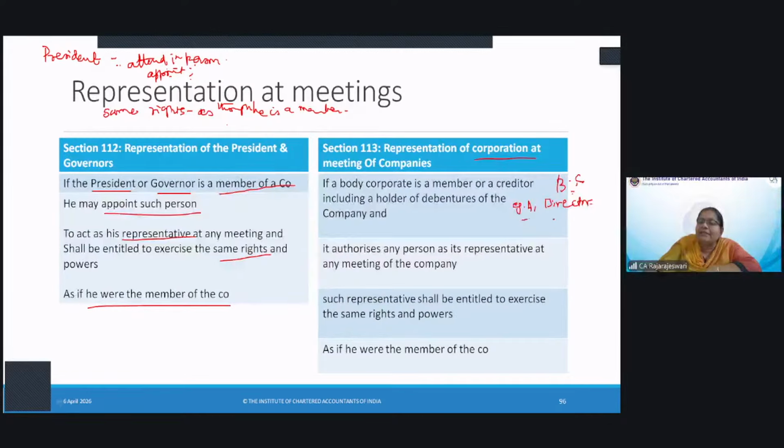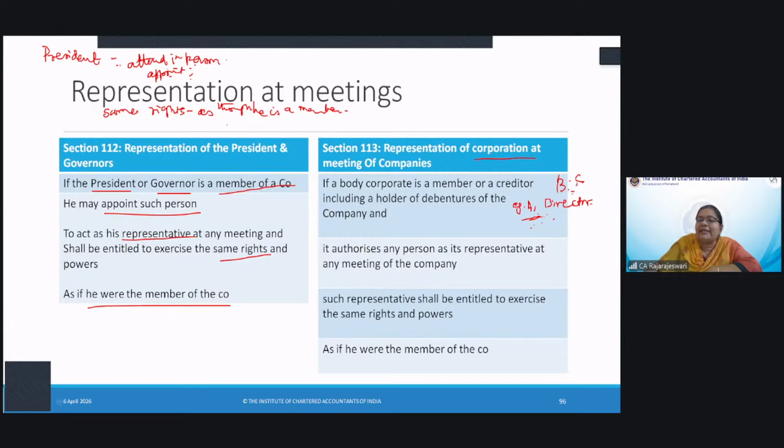Then Mr. A can go and attend the meeting, and he can vote as a representative, and he can do all the acts which he can do if he is a member. Whatever right an individual member has can be exercised, though he is acting only in the representative capacity of the body corporate.